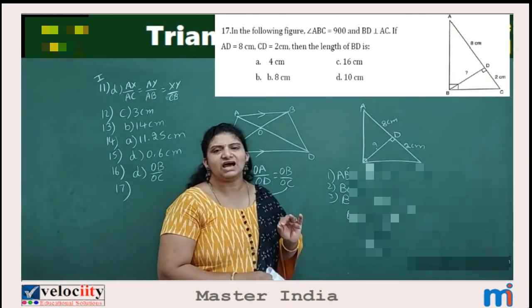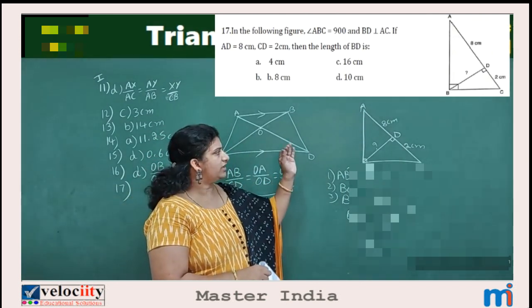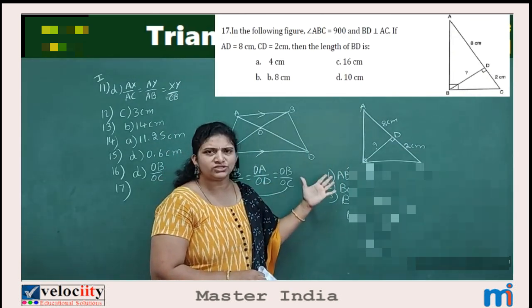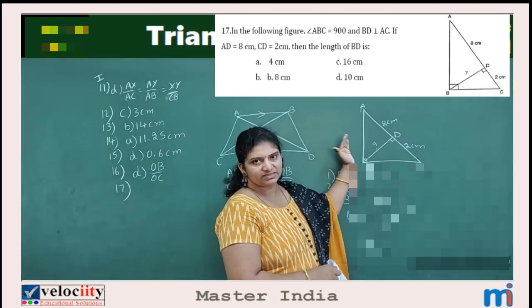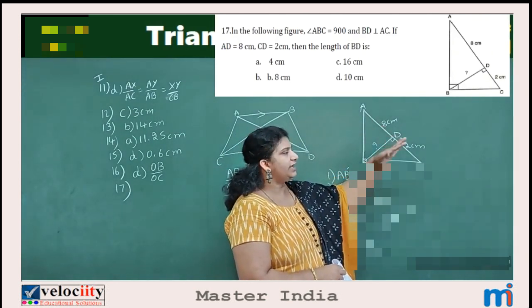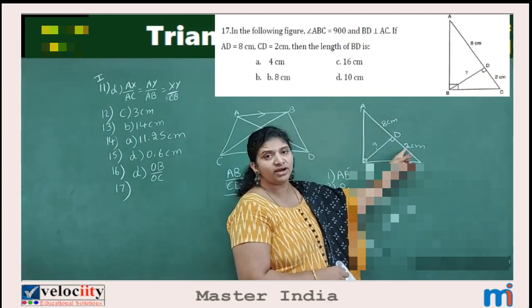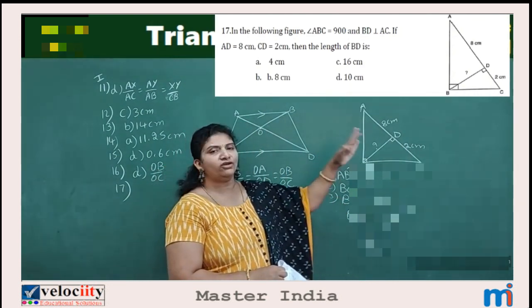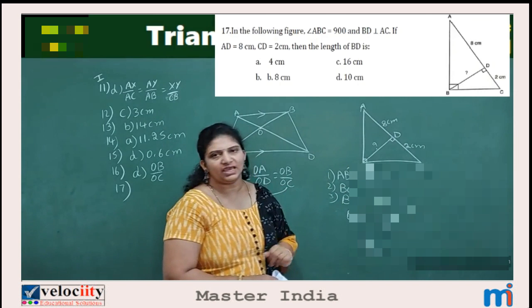Similarly, if any question is asked in the exam, if they ask you now AB, what is the AB length? It is very easy to find. AB square is equal to 8 into 8 plus 2, how much? 10. 8 into 10, 80. So square root of that you get the answer AB.